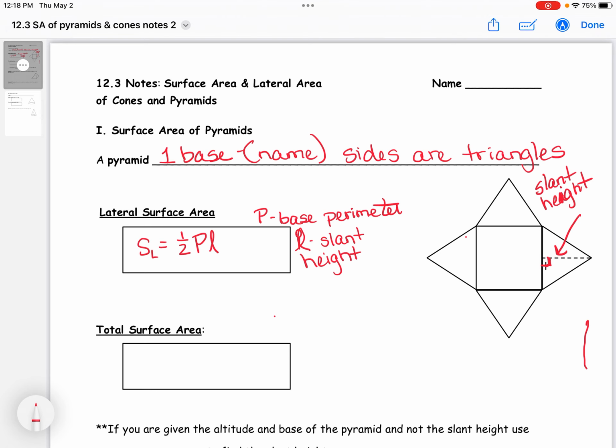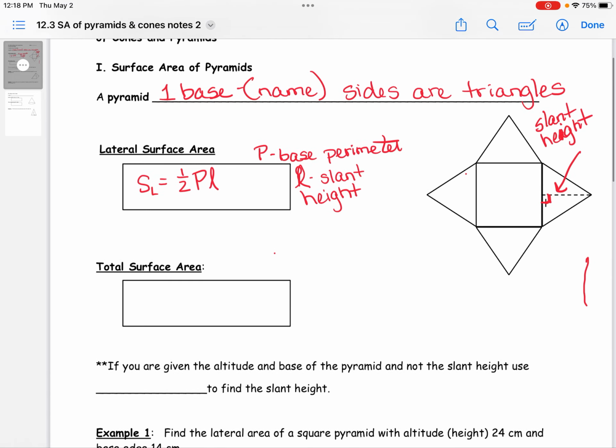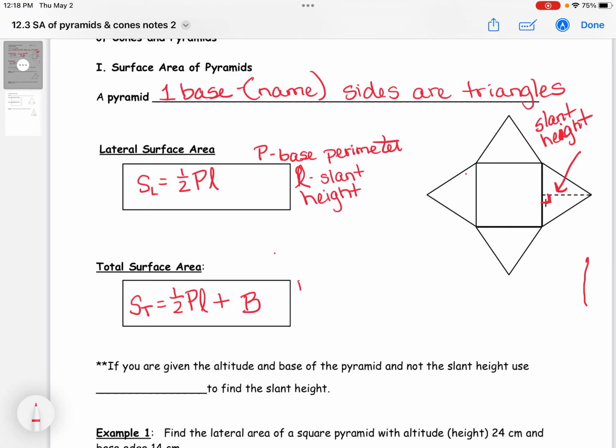Total surface area is, just like we did with our other ones, 1/2 perimeter times that plus big B. And big B is area of the base. So that's the same as our other one.